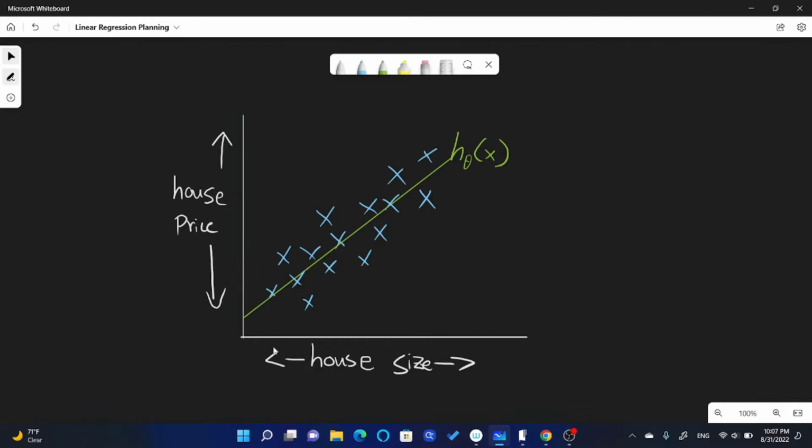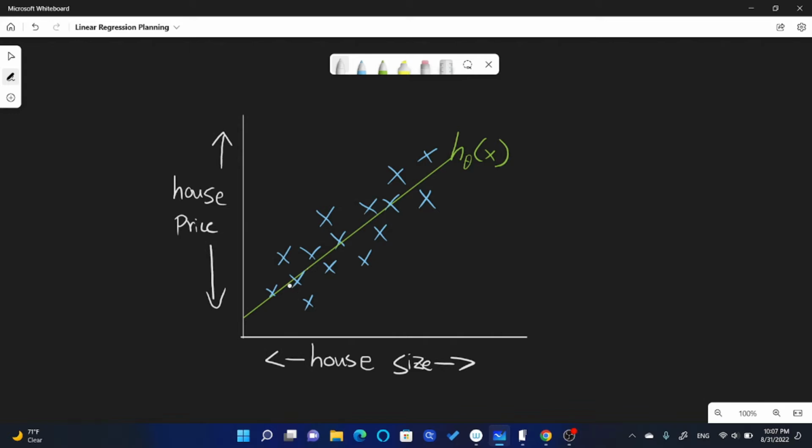And then this green line fits all the data points in a linear fashion, and we call this line the hypothesis function. This is basically linear regression: fitting a line to the data.